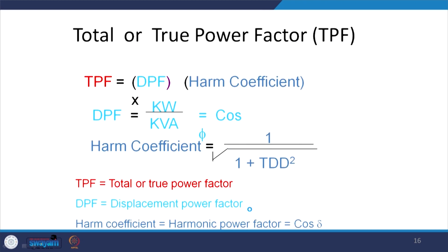The total power factor, TPF, is the product of the displacement power factor, DPF, which is kW by kVA, that is cos phi, and the harmonic coefficient, which will be 1 by the square root of 1 plus THD square, which is given by cos delta. Here TPF is the total power factor, DPF is the displacement power factor, and the harmonic coefficient is given by cos delta.